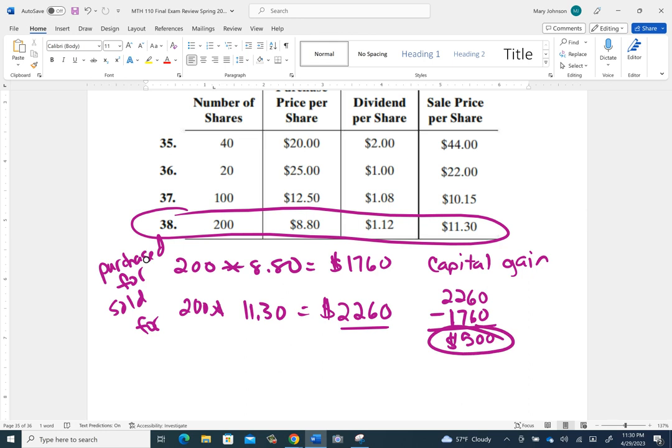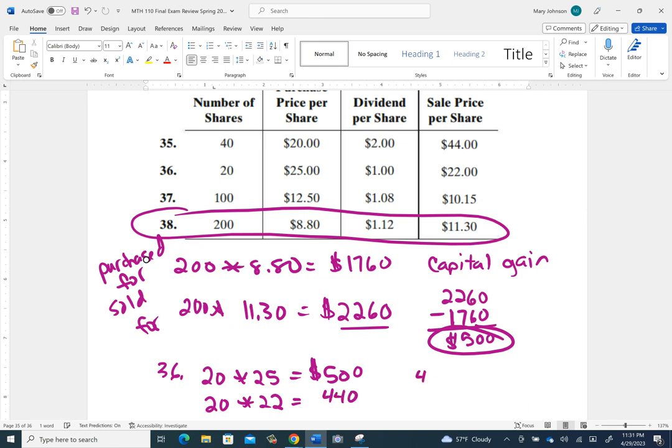All right, now why don't you look at 36 for a minute? So on 36, we bought 20 shares at $25 a share. 20 times $25 a share would be $500 to buy it. Okay. And then 20 times 22, so we sold it for $440.